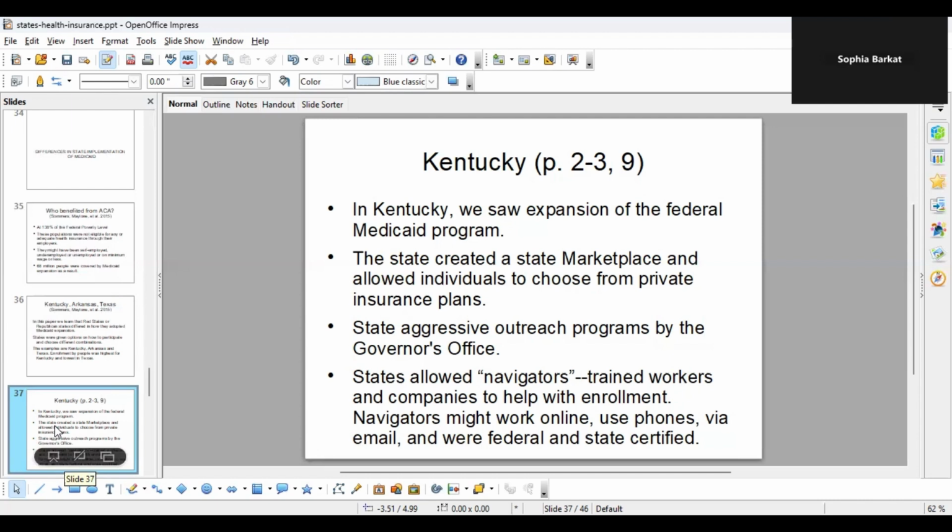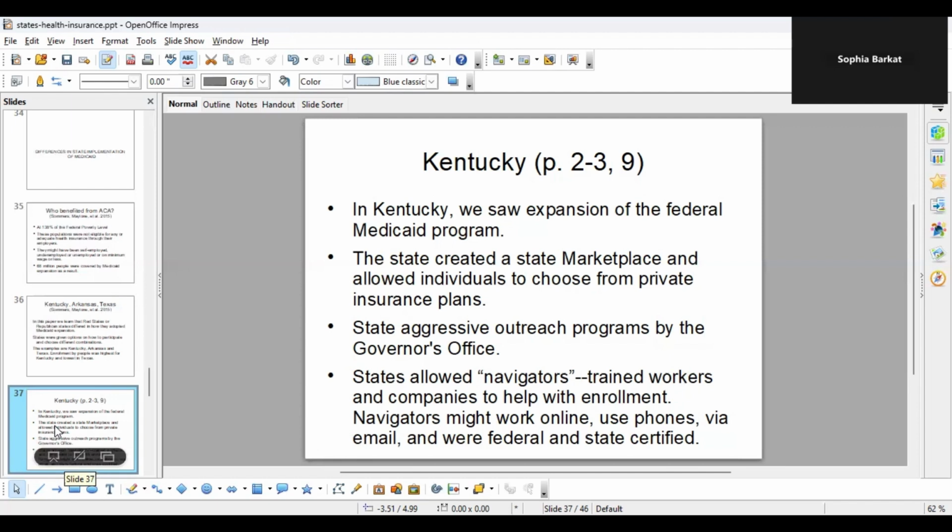So the governor's office had an initiative. They will publicize the federal Medicaid program. They will let people in the state know through advertising that you could enroll in the Medicaid program if your income was at a certain level.